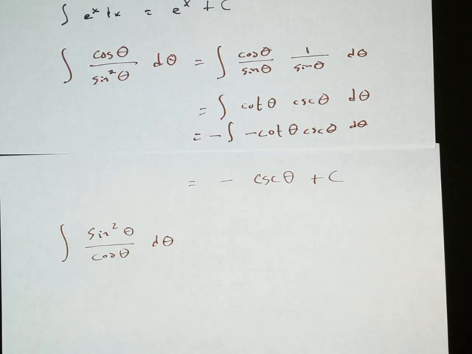I don't know. But what I do know is the way it's written is ugly. And if I try and split it apart, I'm going to get sine and then sine over cosine, which is tangent.